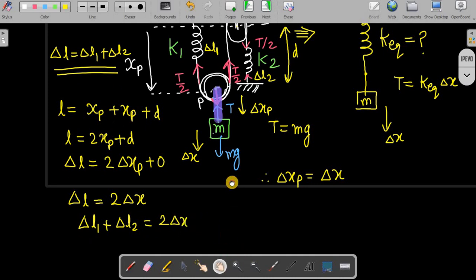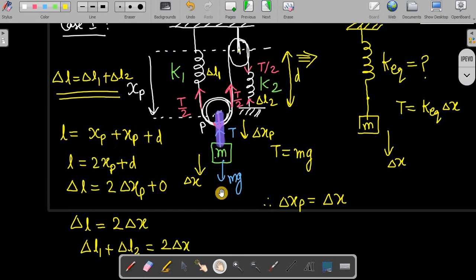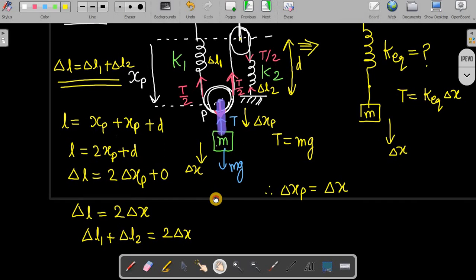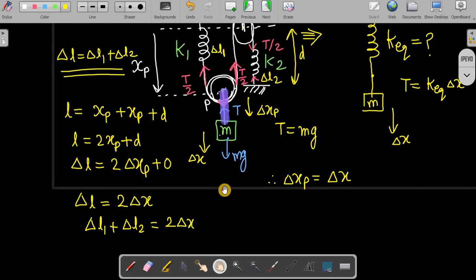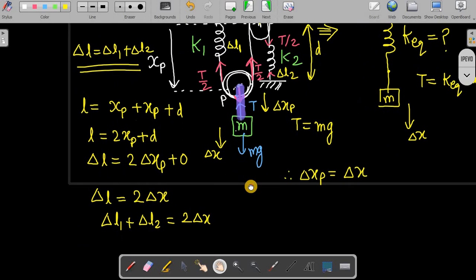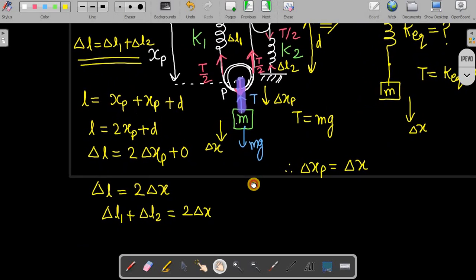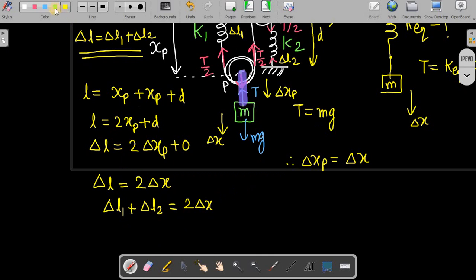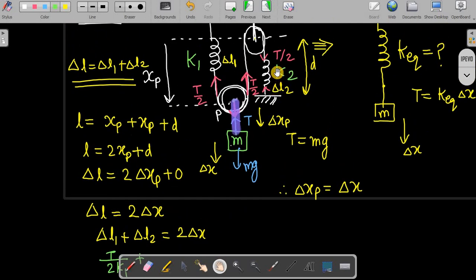Now, force is equal to k into x, so elongation is equal to force by k. If you see the elongation happening in the first spring, the force there is T by 2, so it is T by 2 by k1. Similarly, delta L2, the elongation, is force by k.